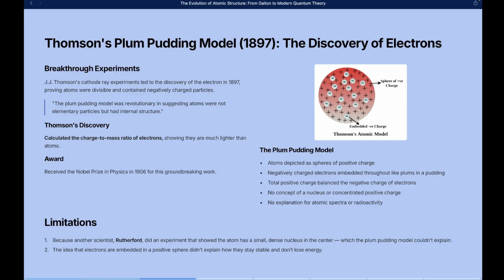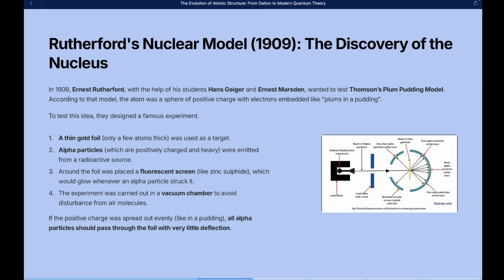Now that we have learned about the Thomson model, let's move on to a very important experiment that changed everything about how we understand the atom. The Rutherford gold foil experiment. This experiment gave us the first clue that atoms have a tiny dense nucleus in the center.